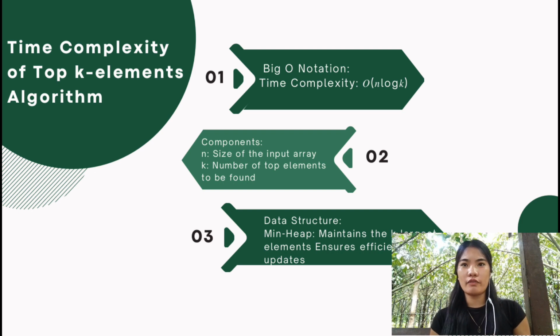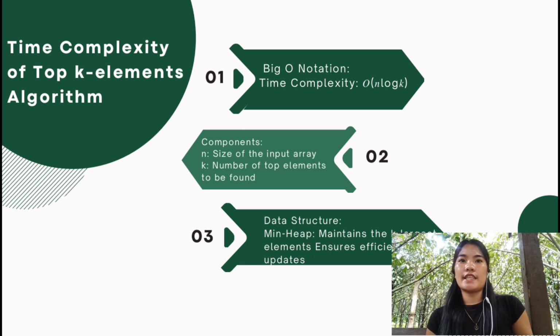I don't know if I pronounced it correctly, but I read it as O, open parenthesis, n log k, close parenthesis. This time complexity is derived from the efficiency of heap operations combined with the need to iterate through the entire input array.